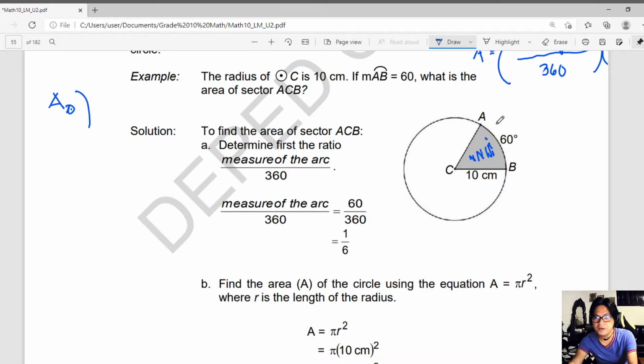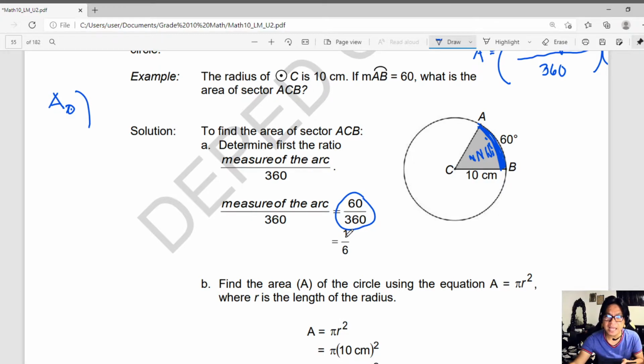So the measure of this one, according dito sa given natin, is 60 degrees. So the measure of the arc is 60 over, just copy 360. So 60 over 360, and naging 1 over 6 reduced in lowest term.